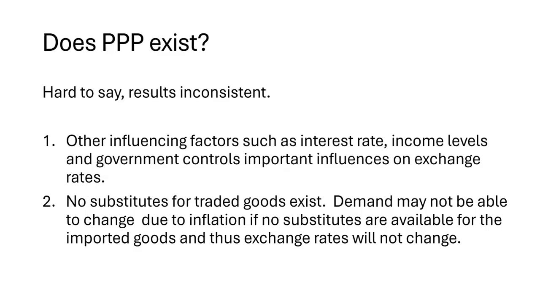Domestically and internationally, the goods may be sufficiently different that consumers don't see them as the same, and so demand may not change the way it needs to. Inflation's another thing that comes in here. So unfortunately, while purchasing power parity is a great theory, we're not really seeing it empirically.